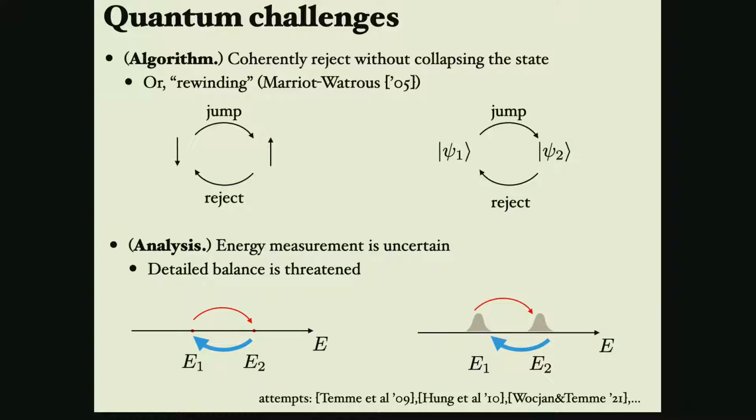The second challenge is analytic. Energy measurements are always kind of difficult. It's very difficult to access energy eigenstates, and the same goes for energy measurements. Whenever you're running this Markov chain, your energy estimates are going to be uncertain, fuzzy, and you can imagine how this is going to change detailed balance. Detailed balance is something that we have already lost so much in Markov chains that if you lose it, we're very unhappy.